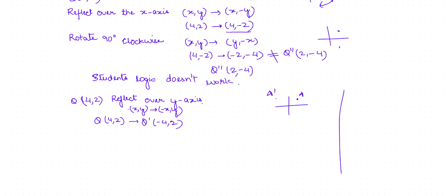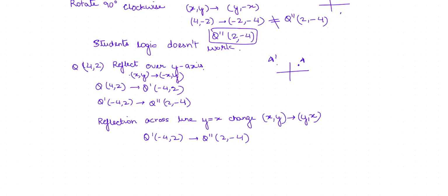Now what we have to get is (2, -4). So we have to transform Q' (-4, 2) to Q'' (2, -4). So let's think of a transformation that will change Q' to Q''.